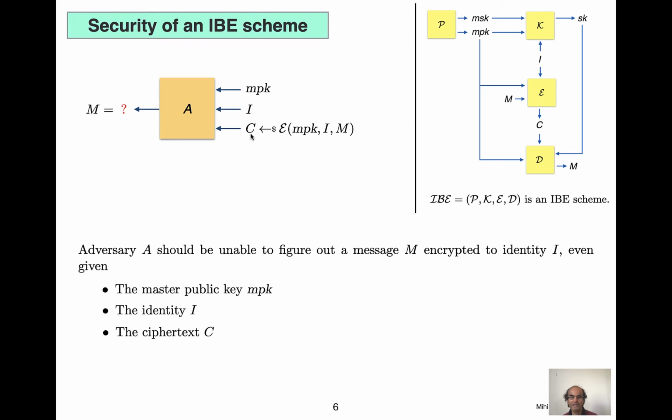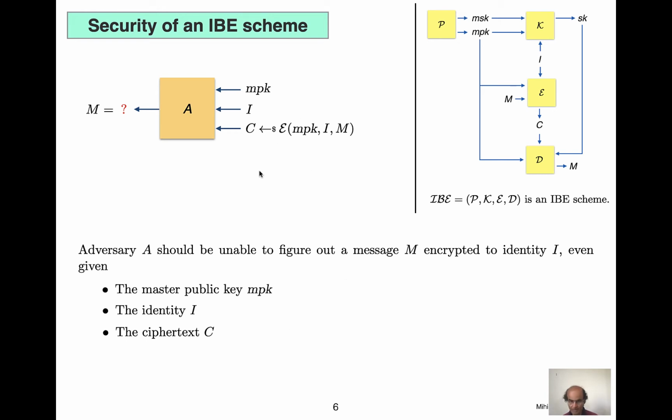And now it's given a ciphertext. The ciphertext encrypts, for that target identity, a certain message M. And the adversary, you can think, is trying to figure out what this M is. So at its first cut, intuitively, security says that the adversary should have a hard time doing that. It can't figure out the message M encrypted to this identity, even given all this stuff.